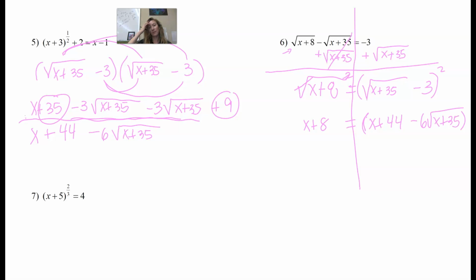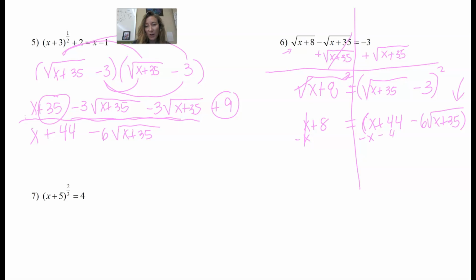Okay, cool. Wow, that was a lot of work. So now I'm again going to start the process over of trying to isolate this radical. So I'm going to get rid of the x, I'm going to get rid of the 44, and then I'll have to get rid of that multiplying by negative 6. So when I subtract x, cool, the x's cancel.